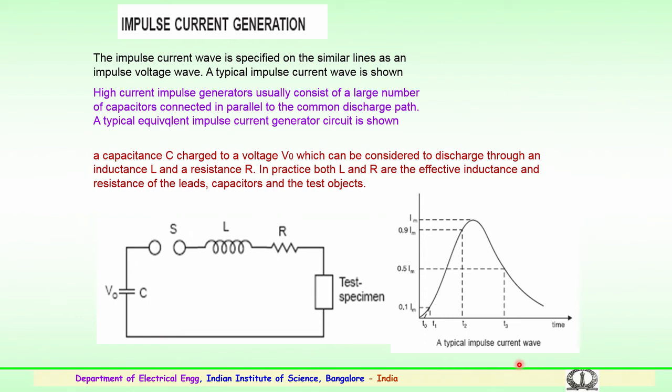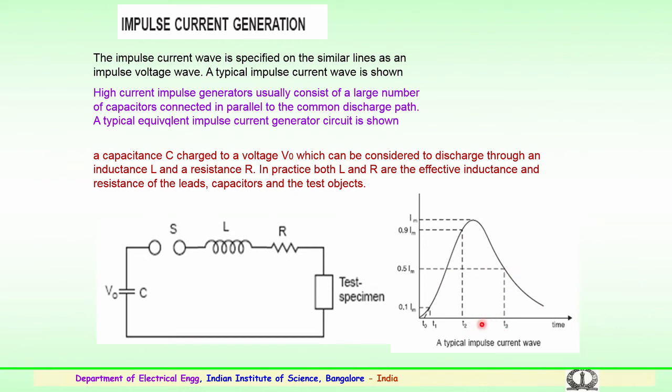The impulse current wave is normally specified on similar lines as an impulse voltage wave. It could be, in lightning impulse voltages, 1.2 by 50, or 250 by 2500 for switching surges. Here a typical impulse current wave could be 8 by 20 microseconds, 8 being the front time and 20 the tail time.